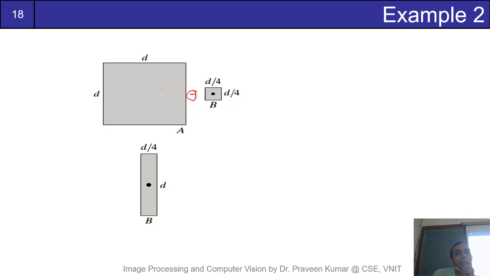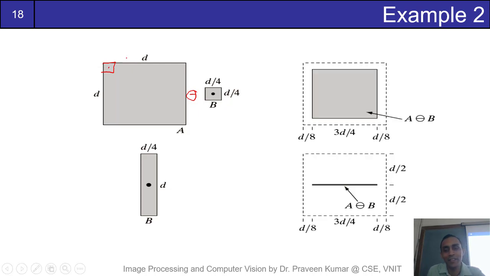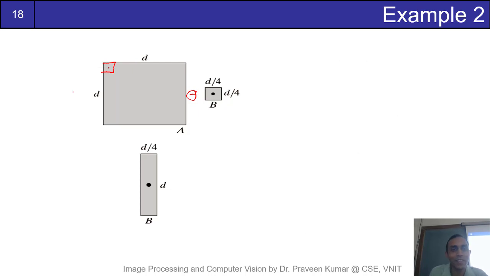So from each side, where it will fit exactly, it will fit at this location. The first location where it will fit will be at a distance of d by 8 from the leftmost edge.